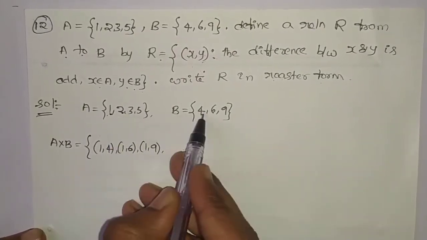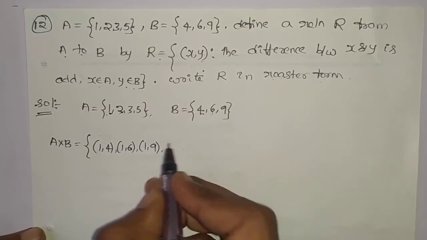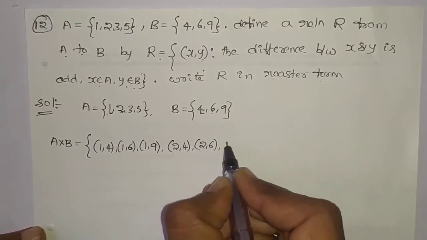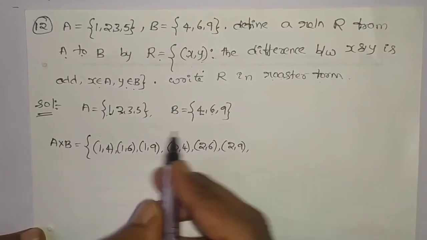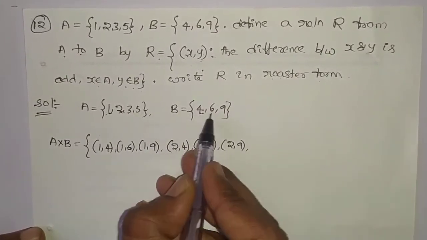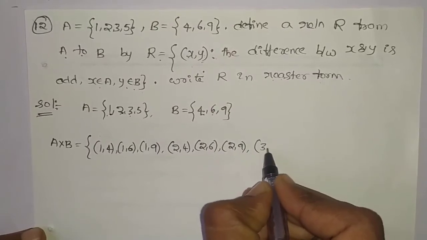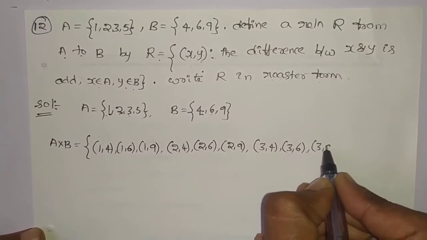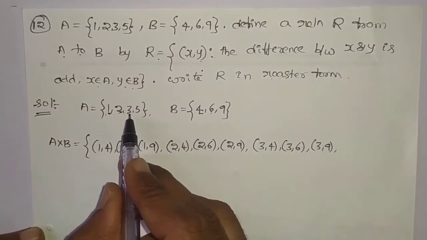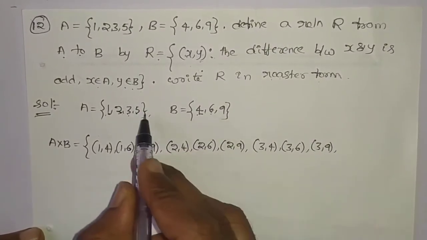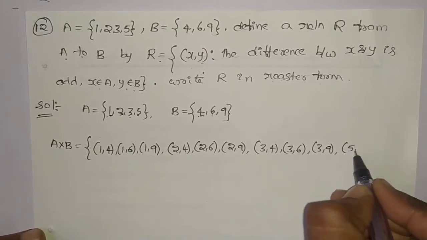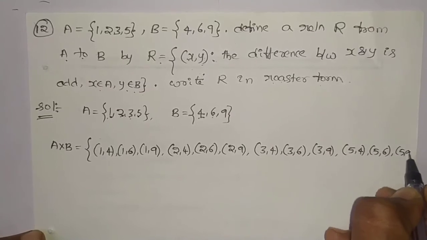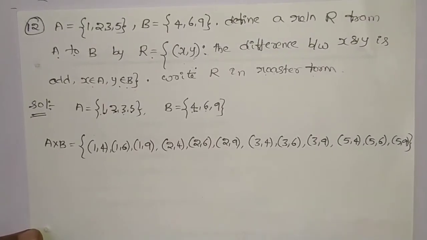Okay, next (2, 4), (2, 6), (2, 9). Okay, next (3, 4), (3, 6), (3, 9), right? Next (5, 4), (5, 6), (5, 9), right?